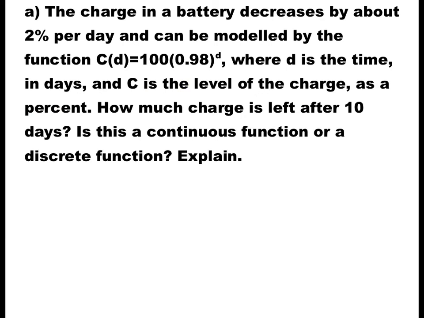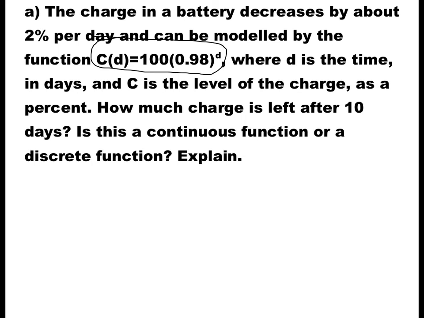In the next example, you have the case of a battery whose charge decreases by about 2% every day. The relationship between the charge in the battery and the day is represented by this equation. The first question is how much charge is left after 10 days.